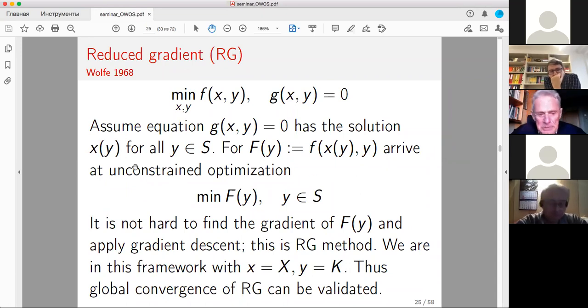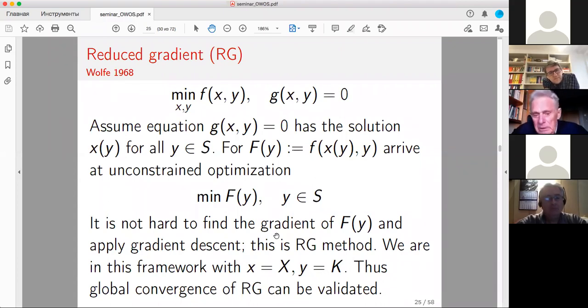Then we can substitute this x into our function, and we get an unconstrained minimization problem. Then we can write a gradient method for this function. It is the so-called reduced gradient method proposed by Philip Wolfe in 1968.